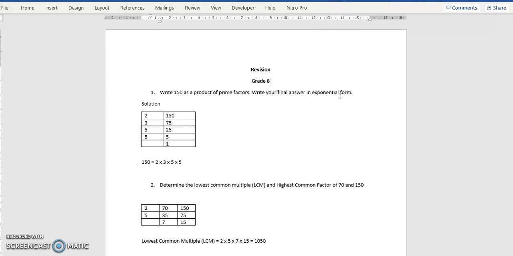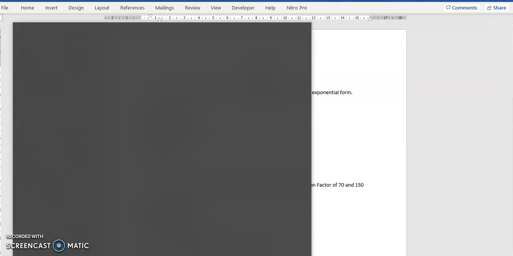Alright. Okay, so the first one, the question says write 150 as a product of prime factors. Write your final answer in exponential form. So we are supposed to write this as a product of prime factors. Okay. So first, let's look for our calculator.